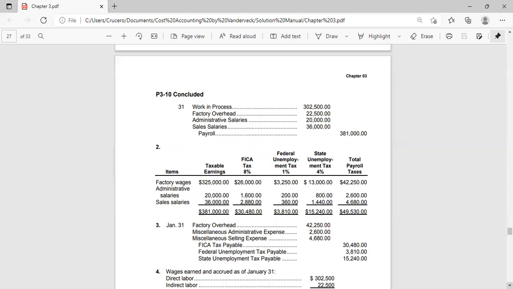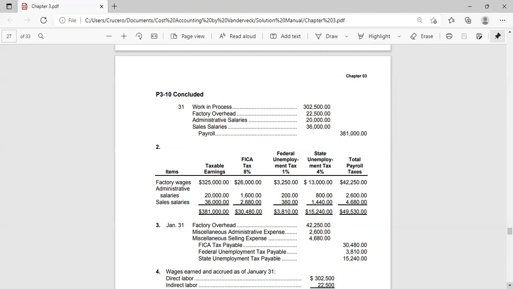All right, so on the 31st, debit work in process and debit factory overhead. Administrative salaries on the 15th and on the 31st are 10,000 and 10,000, which is 20,000. The sales salaries are 18,000 for each payment.